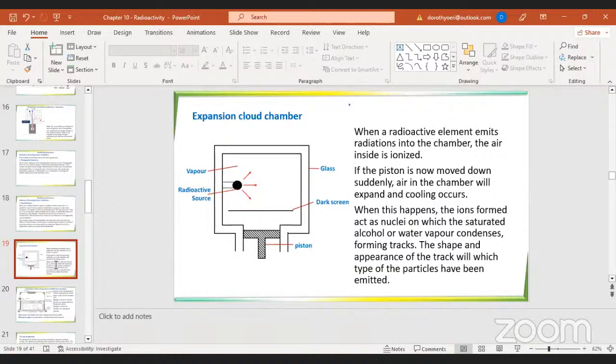The saturated alcohol or water vapor condenses on the ions, forming the tracks. You will be able to see the tracks. So from the tracks, you'll be able to identify which radiation it is.